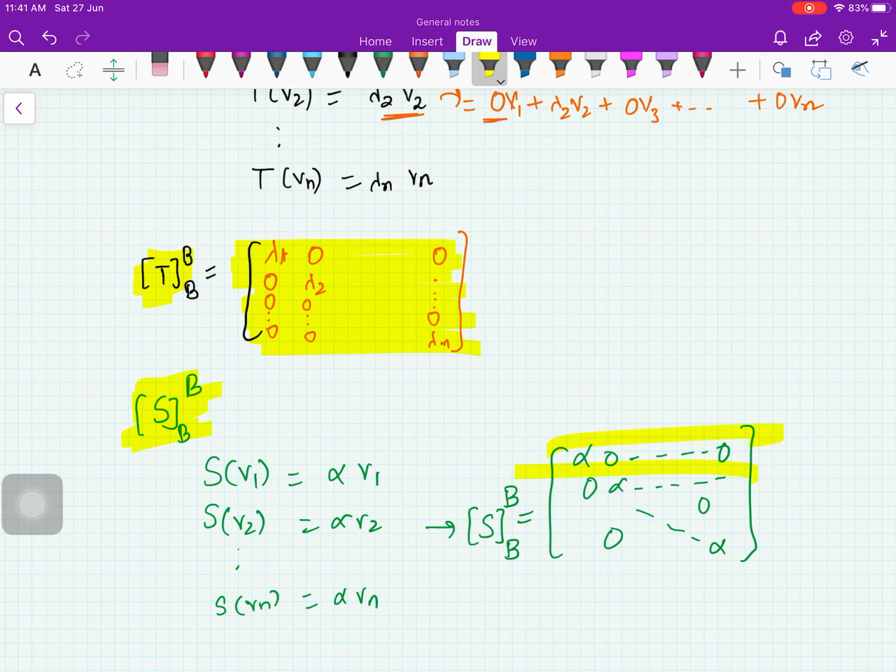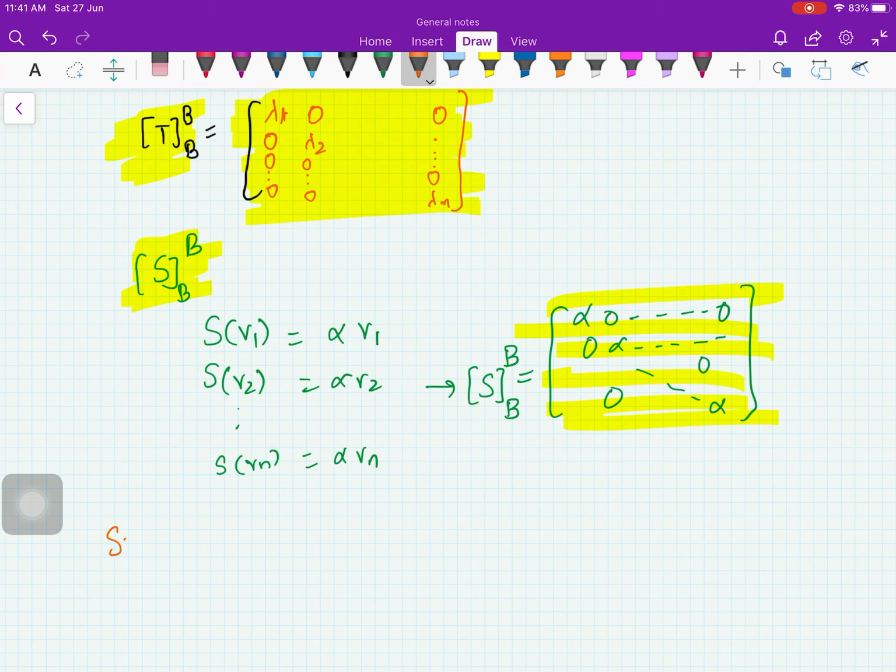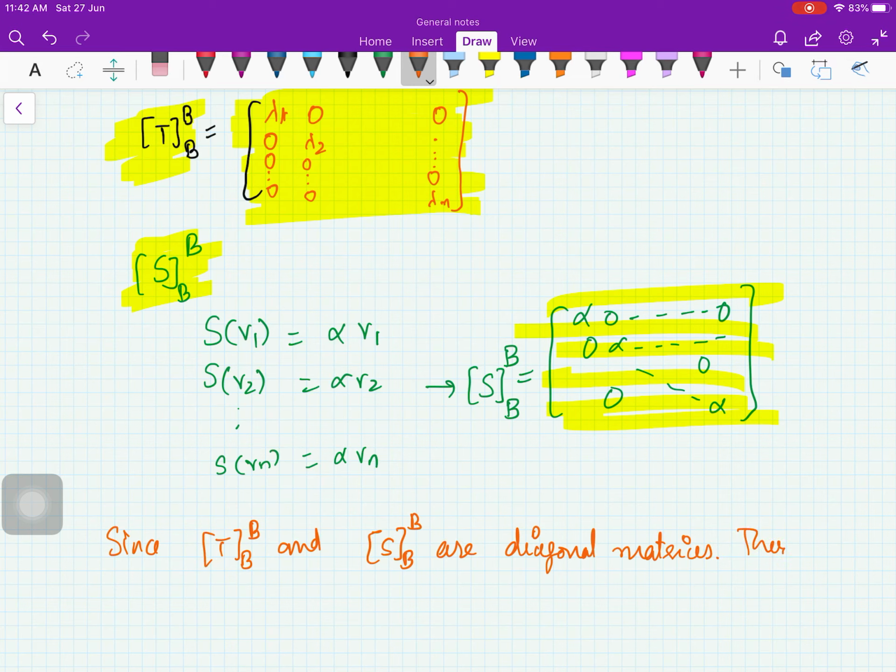You see both SBB and TBB are diagonal matrices. Therefore the matrix representation of T minus S with respect to B, which is TBB minus SBB, is also diagonal.